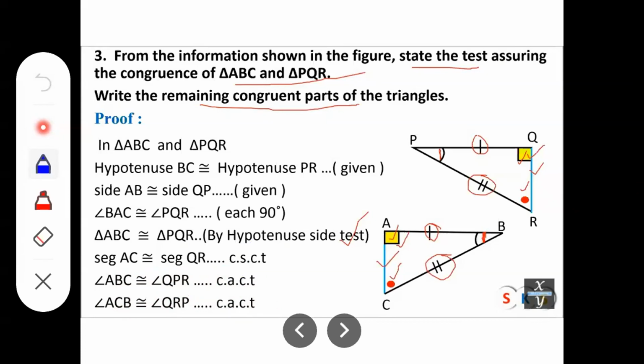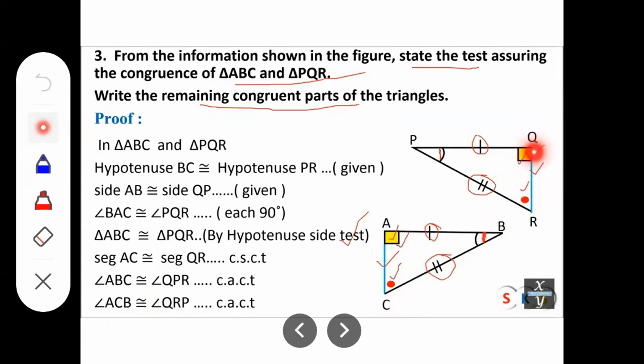Now the last angle that we have to write here is angle ACB, congruent to angle QRP. For angle ACB, along with A there is Q, and with angle C, R remains.